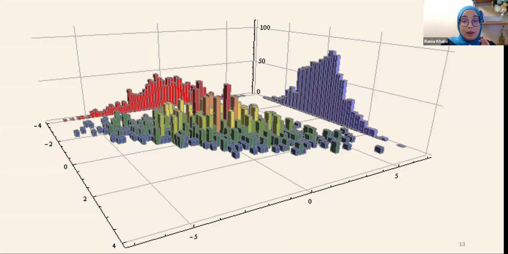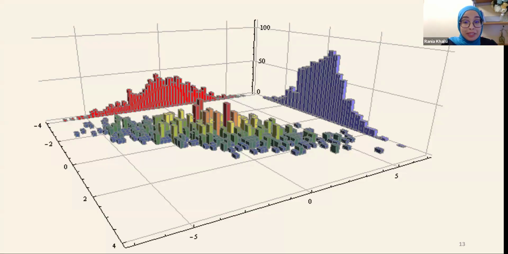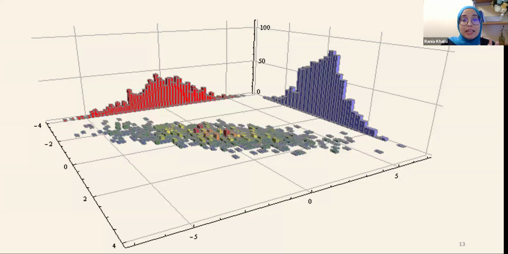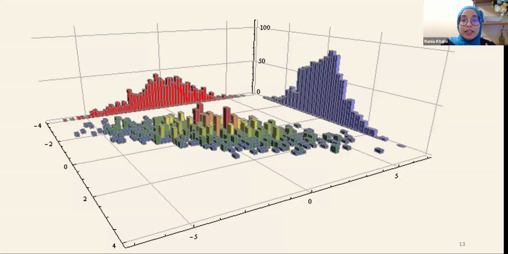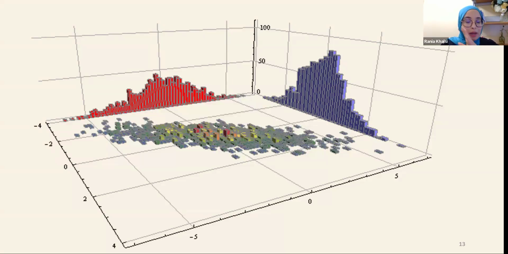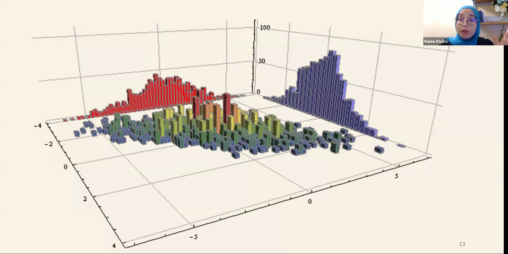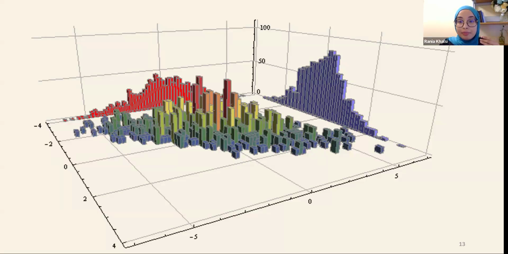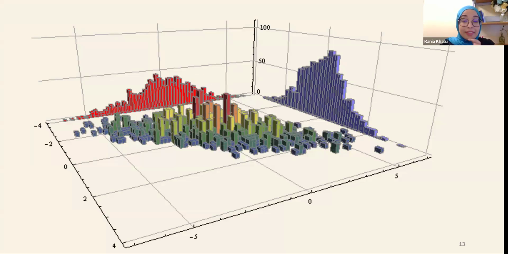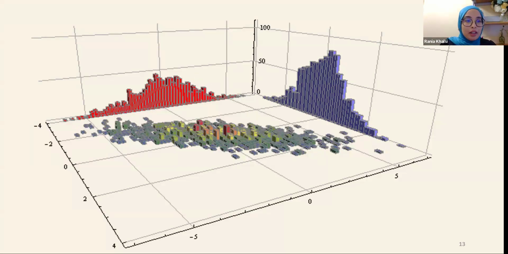So you are now looking at the joint probability distribution of x and z. In simple terms, it tells us how likely each pair of values, one from x and one from z, is to happen at the same time, okay?